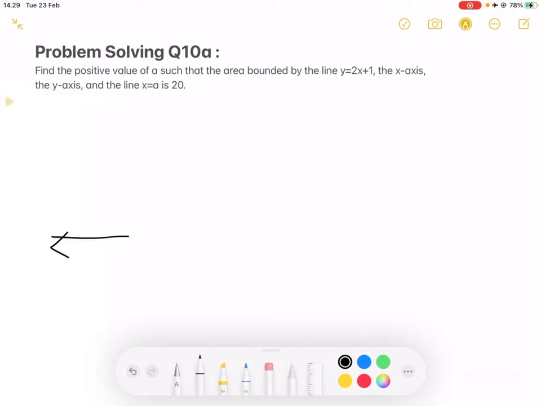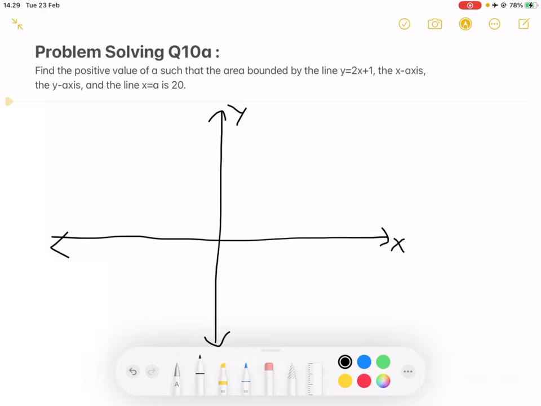So I'll just draw an xy plane just to picture this in your mind. The graph y equals 2x plus 1 is something like this. And the line x equals a is somewhere right here, marked in green.